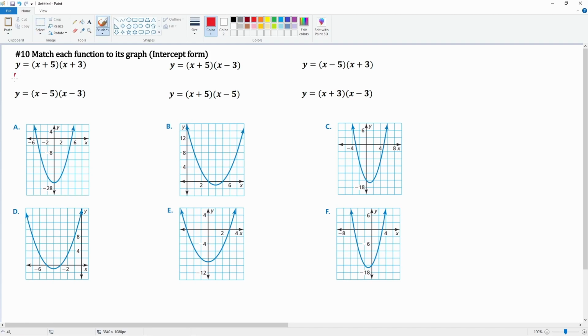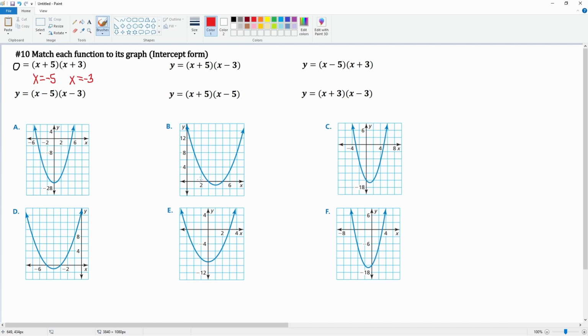If we set this equal to 0 and solve it, we realize that x is equal to -5 and x is equal to -3. That means these points should have that intersection. So let's see which one has -5 and -3.